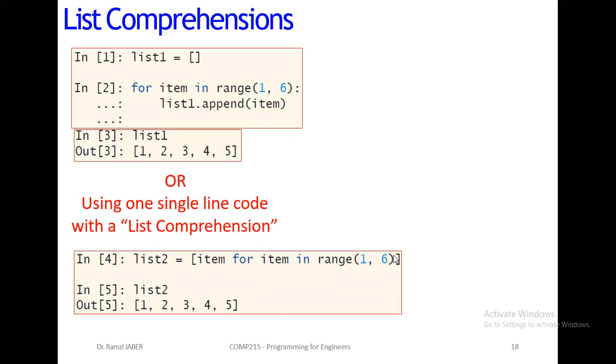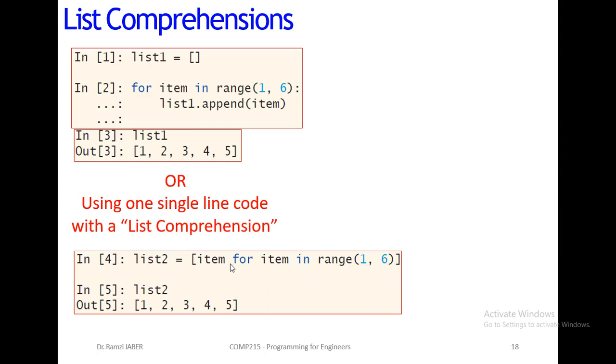We don't put a colon here. In list comprehension code, we don't put a colon after for.